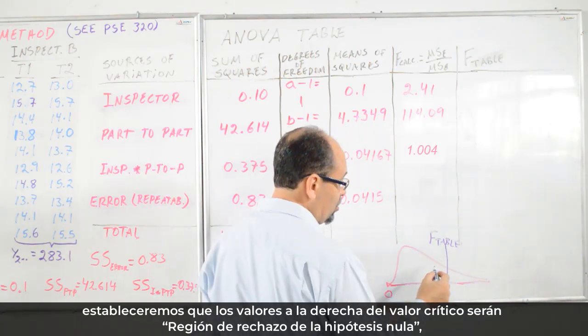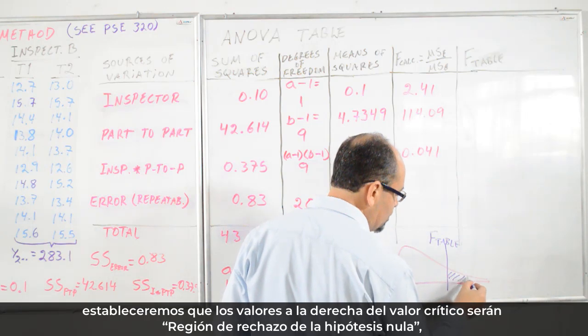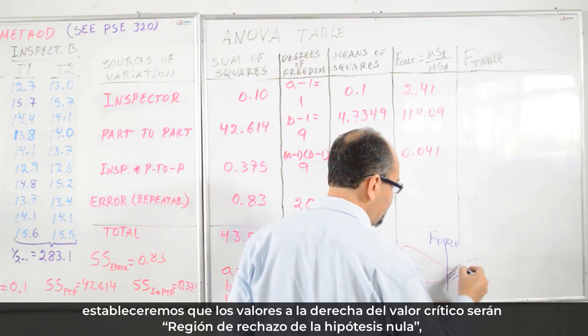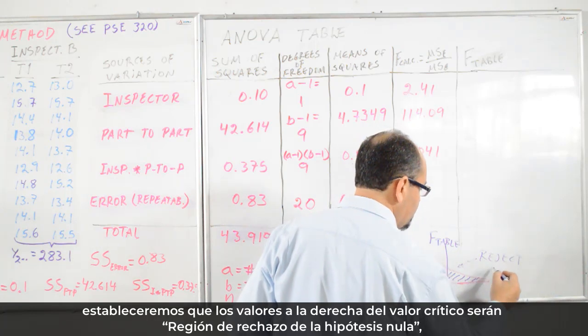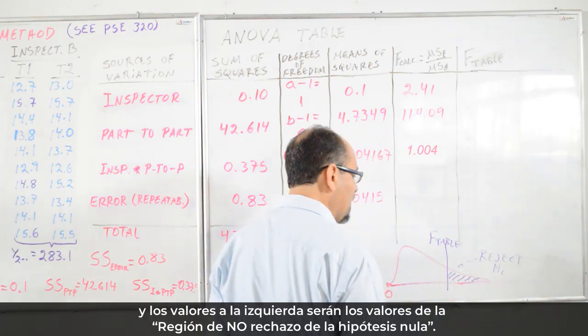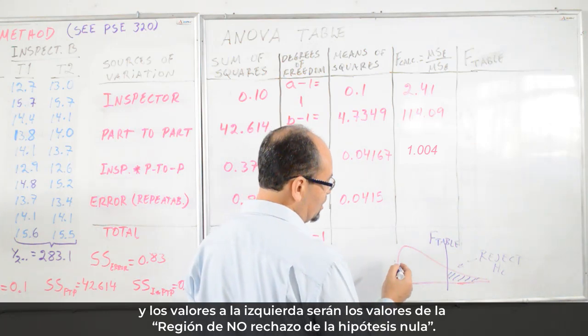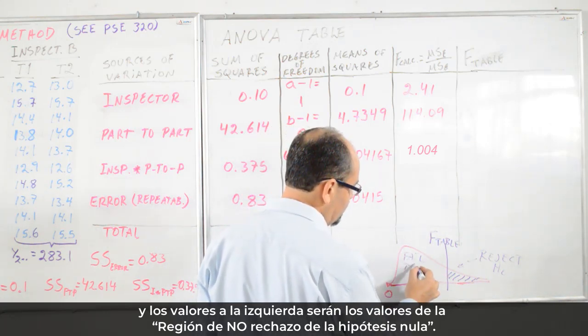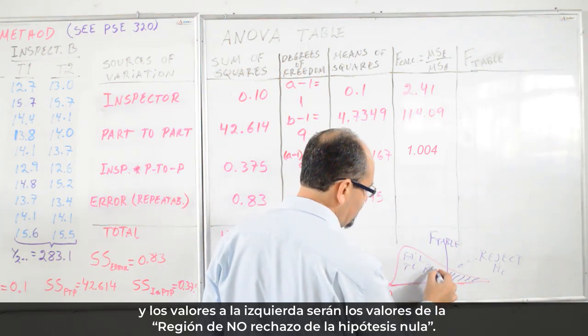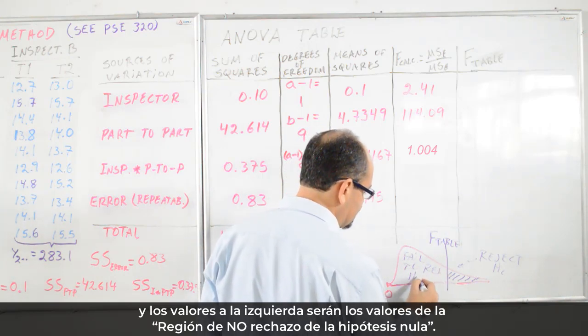This is the region of reject null hypothesis, and this section is related to fail to reject null hypothesis.